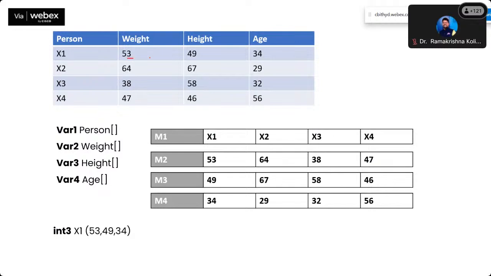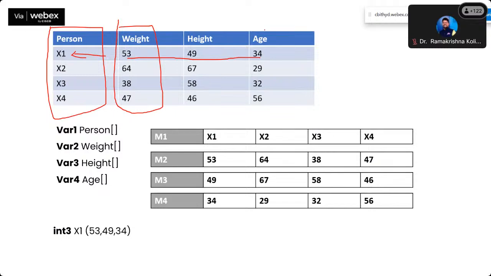These three different parameters are associated with this person. Similarly, the next person has three values too. So what do we generally do in programming? You can think of it as one array, a second array, a third array and a fourth array.